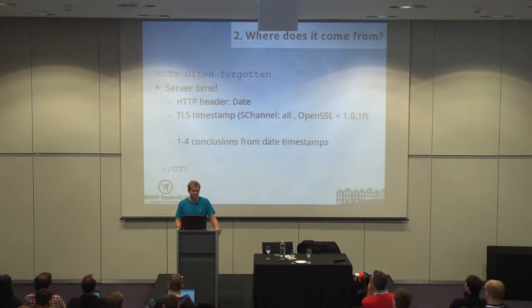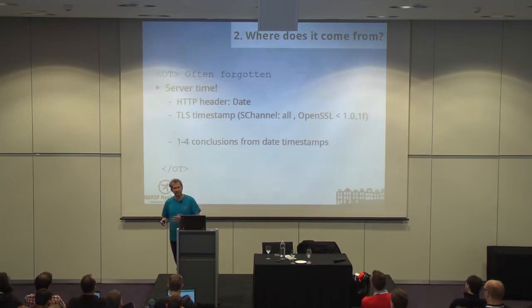First of all, do I get different times if I'm hitting different paths? Then, for example, if I get random times returned, it's a strong hint that somebody's using OpenSSL beyond that version, and a couple of other things. What you can do for fingerprinting on the server side is basically the reason why OpenSSL decided not to include the TLS timestamps anymore on the client side.